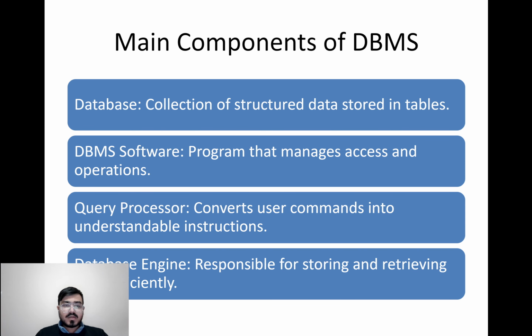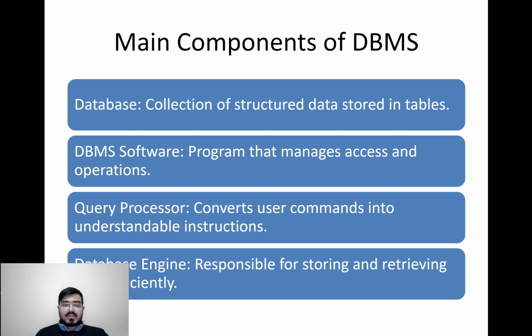So now let us talk about the main components of a DBMS. First is the database. This is the actual collection of structured data stored in tables. Second is the DBMS software. This program manages and controls access to the database.